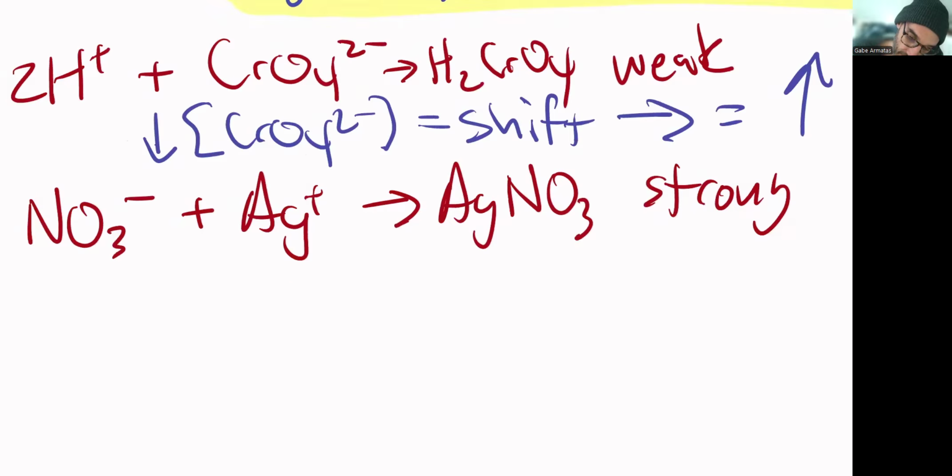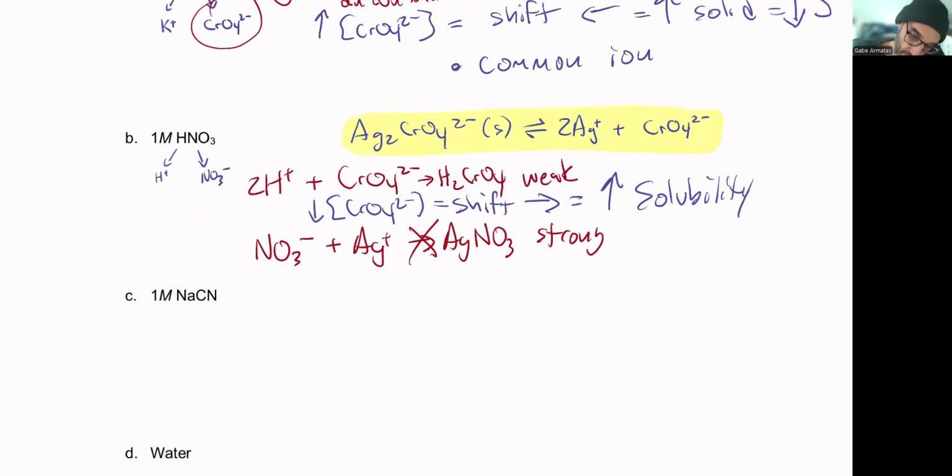So by forming silver nitrate, it immediately goes away, and the amount of nitrate and the amount of silver does not change in solution, so there is no change to solubility. So the H plus decreases or increases solubility. The first one is a decrease in solubility, the second one an increase in solubility because of the formation of the chromic acid.